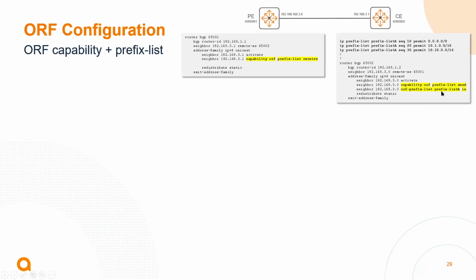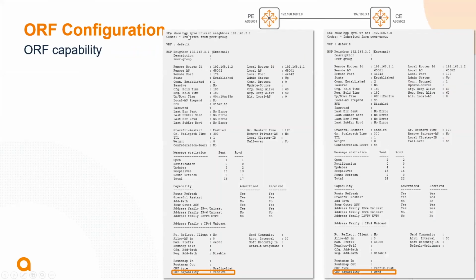You will make a reference to that prefix list to be used for ORF with the command ORF prefix list in. Then if you look at show BGP neighbor, you will have the ORF capability appearing as receive for the PE or send for the CE. Again, it could be both.